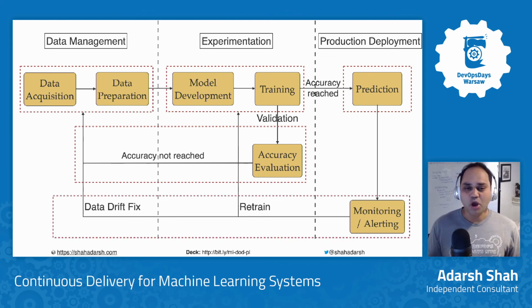But you keep monitoring and seeing if the performance of the model in production is the same as expected, right? If it starts degrading or you have a data drift, you might have to retrain the model or fix the data drift issue and go back again, right? But the idea is you train the model and then deploy to production, and it starts doing predictions.